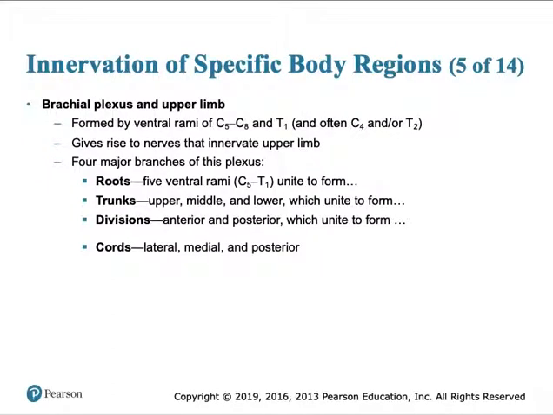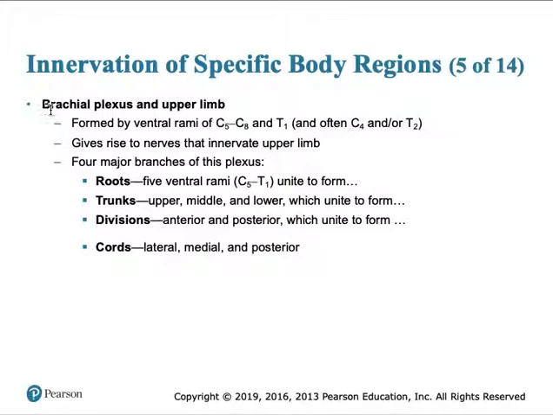And as you see here, we're skipping quite a few slides, mostly focusing on what you actually need to know for this exam. So in the brachial plexus, brachii, if you remember, we had talked about the triceps brachii, the biceps brachii, the brachioradialis, the brachialis. All of those terms refer to brachial, and brachii is the Latin word for arm.